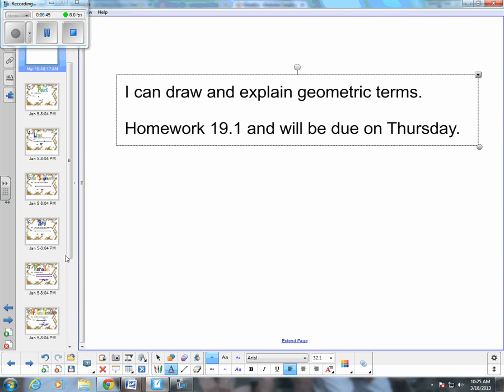So take some time right now to fill out the graphic organizer. You can also use a math book, the red math books. They're going to be on the counter. They also have a chart that shows the different geometric terms. So if you find 19.1 in your red math book, that can help you to fill out your chart.